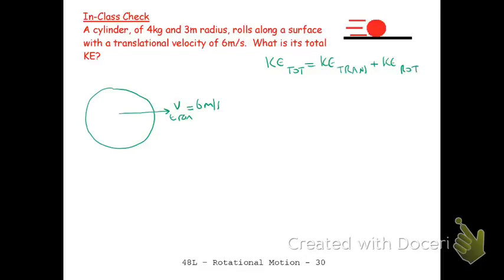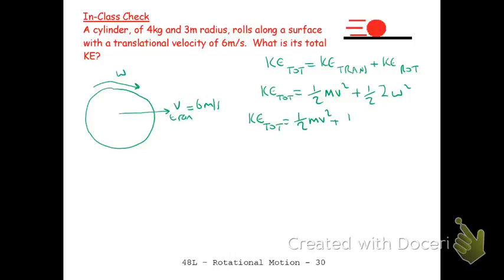So I better put my rot stuff in. There's my omega. So then I say, okay, KE total is equal to 1/2 m v squared plus 1/2 I omega squared.